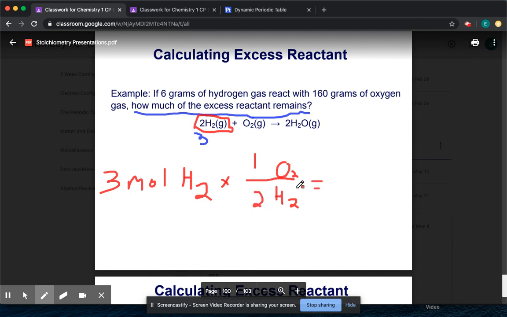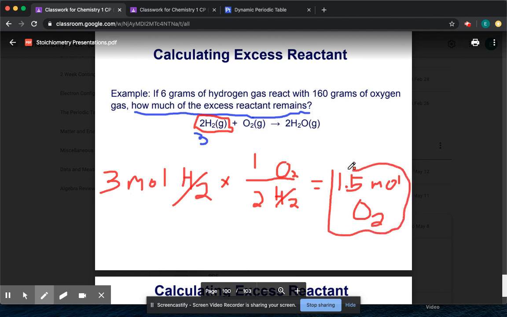Multiply everything out. Hydrogen cancels, and you're left with just oxygen, and you're going to get 1.5 moles of oxygen. So what this means is that to use up all 3 of these moles, we only need 1.5 moles of oxygen. So this is how much oxygen we are going to use up.